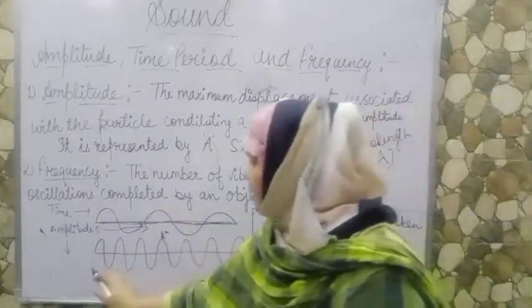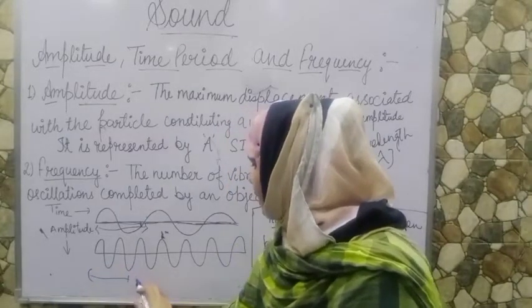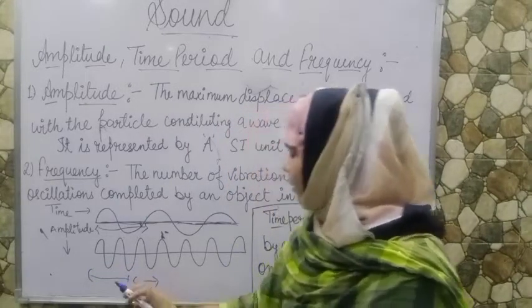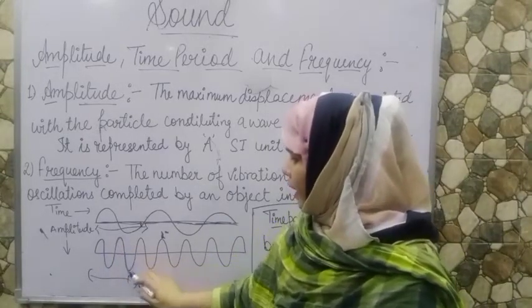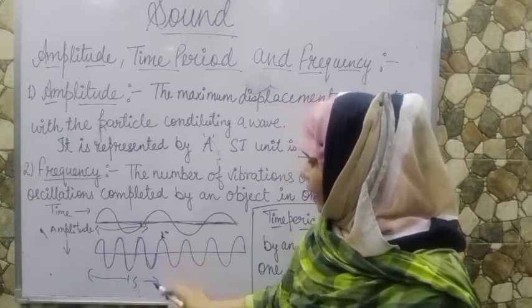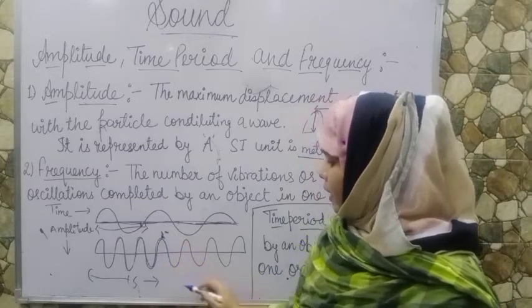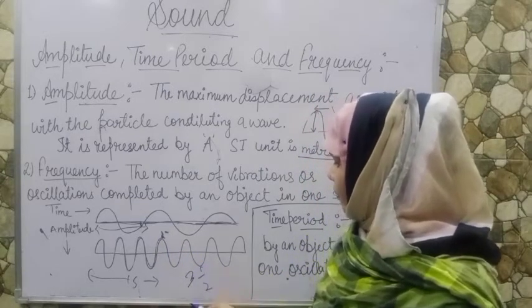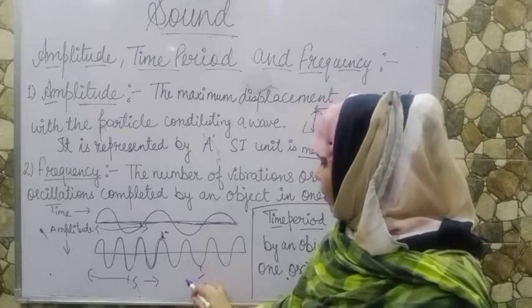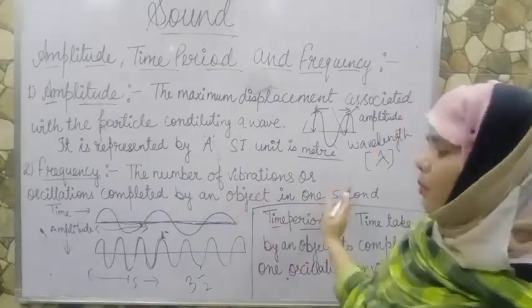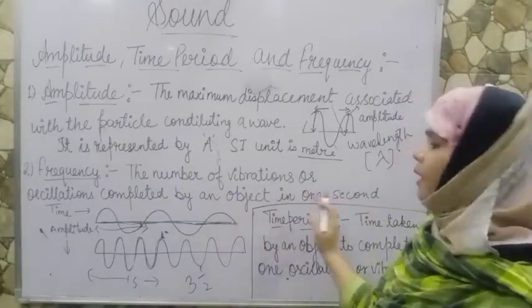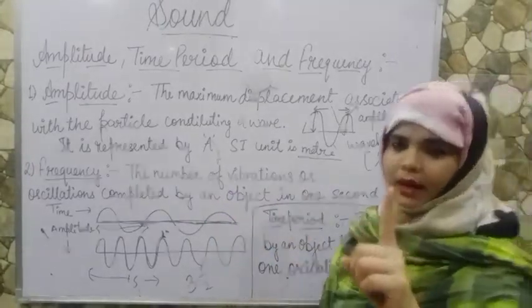But in this case, suppose this is 1 second. You can count 1, then 2, then 3, and then a half, then 3.5 vibrations. Right? So frequency is the number of vibrations or oscillations completed by an object in 1 second.